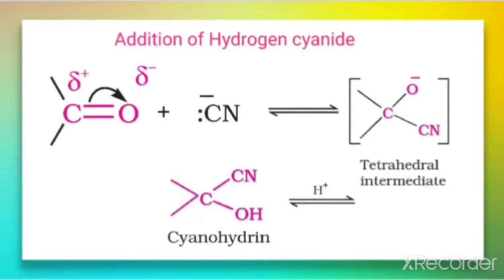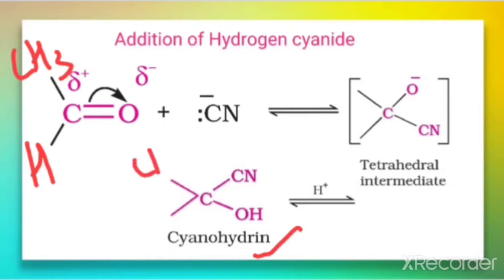This is a very important reaction. Usually the questions you get in this area are: if any aldehyde or ketone is given and reacted with HCN, it gives rise to cyanohydrin. The name of the cyanohydrin can be given on the basis of the aldehyde or ketone taken. For example, if our aldehyde is acetaldehyde, CH3CHO, then the product will be in this way.